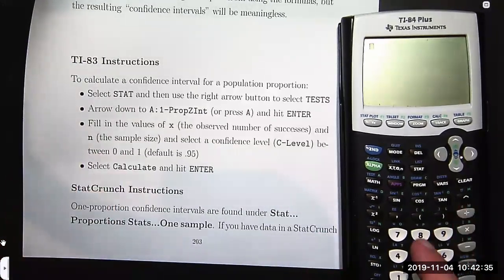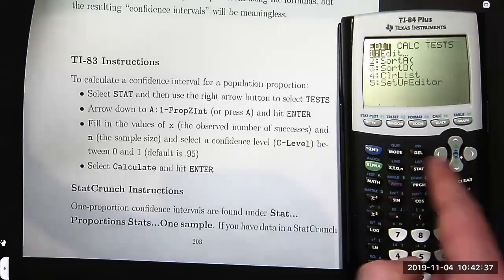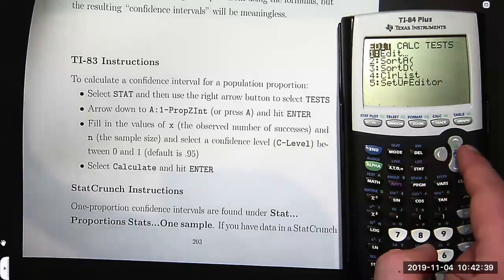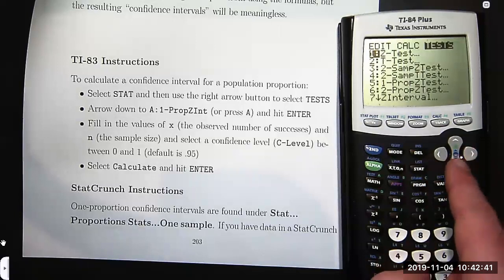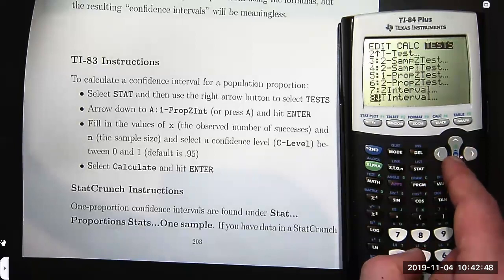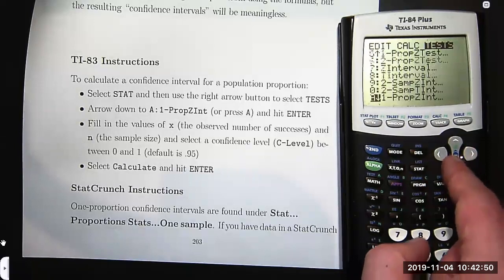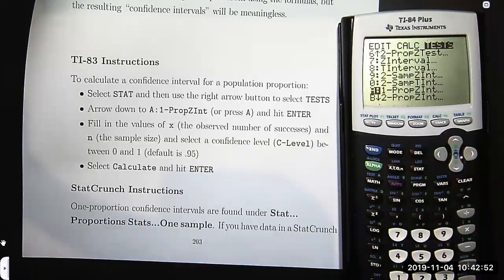We go into stat, and we go to tests. Then we do one prop z int, which is down here. So one proportion, and then we're using a normal distribution, so that's what the z means. And then int is short for interval.